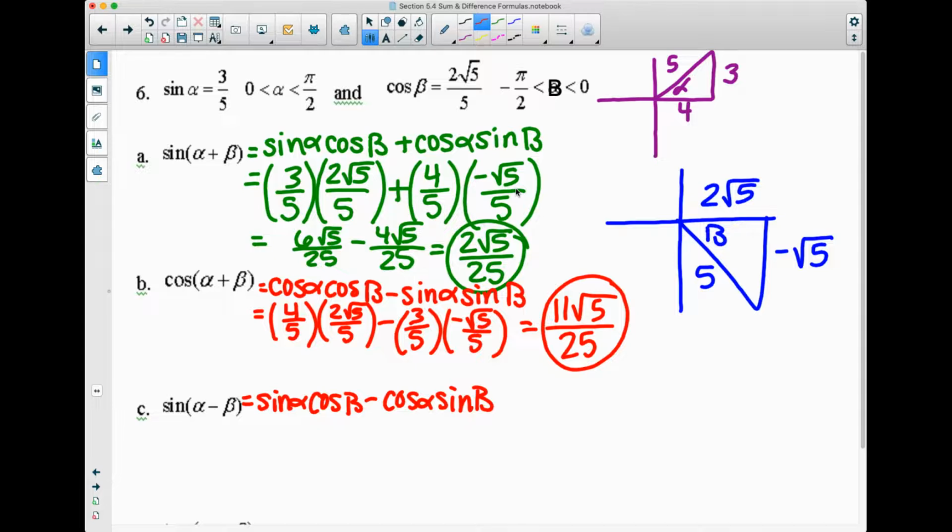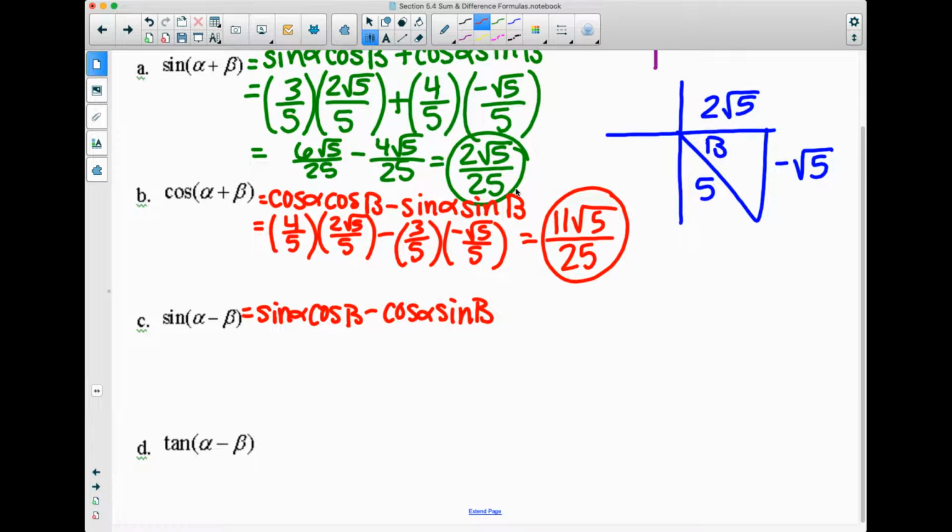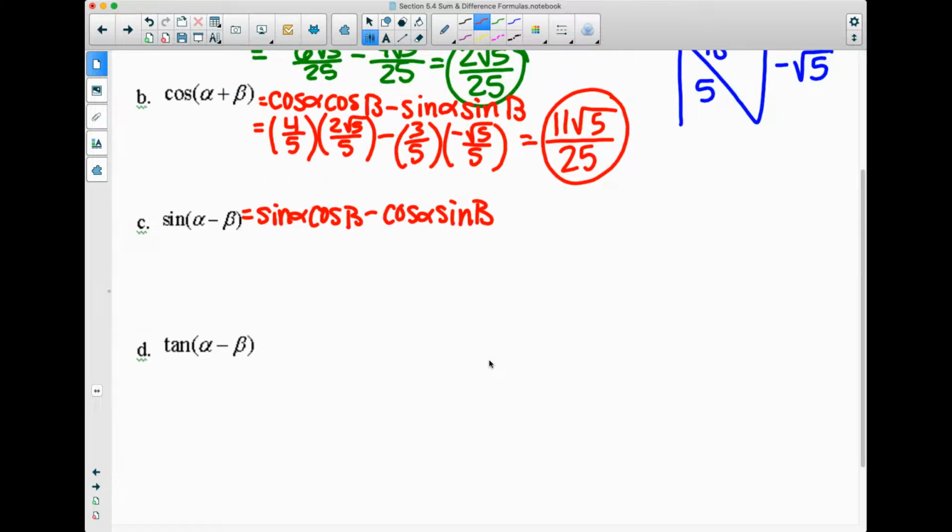All right, and then for sine alpha minus beta, let me extend my page here. I get 3/5. Cosine of beta is 2√5/5. Cosine alpha is 4/5.